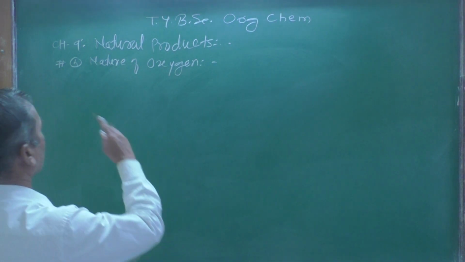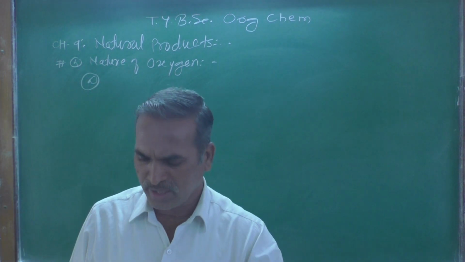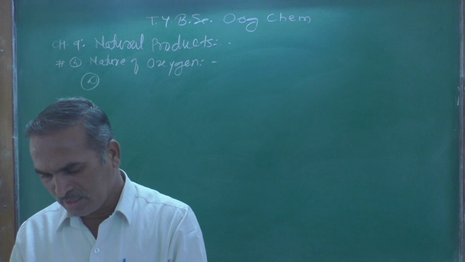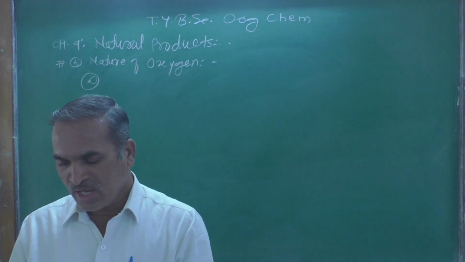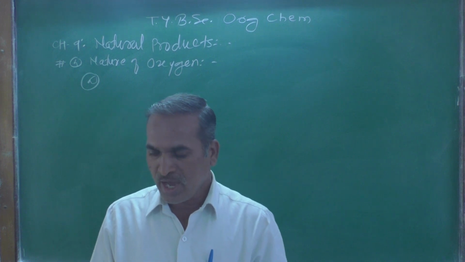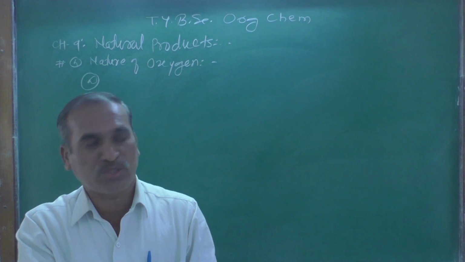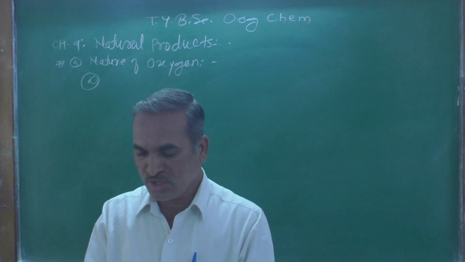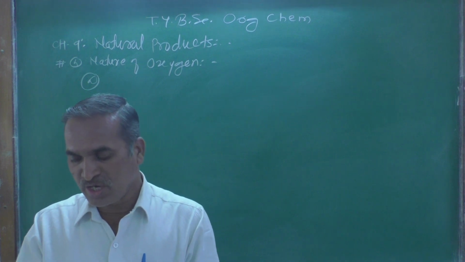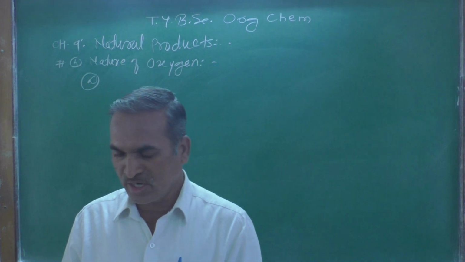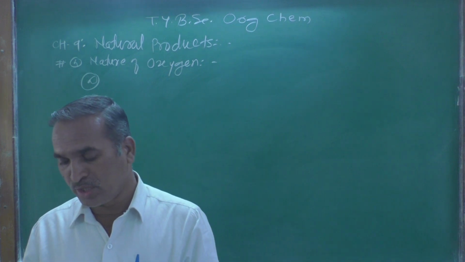Now, the nature of oxygen is the first point we are discussing. Citral forms an oxime with hydroxylamine and a bisulfite addition product with saturated NaHSO3, sodium bisulfite, and therefore citral contains either an aldehyde or ketonic group.